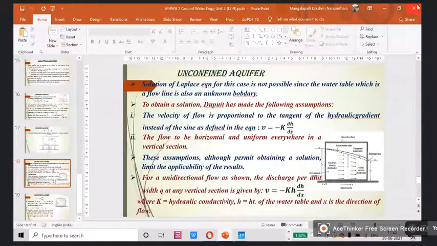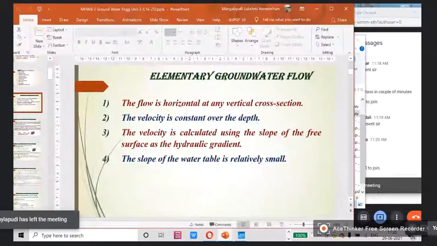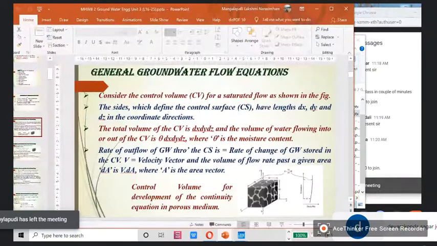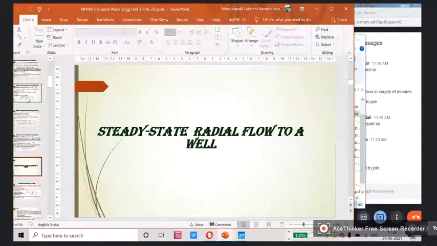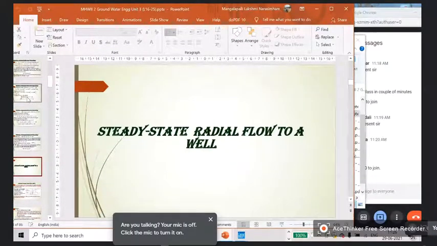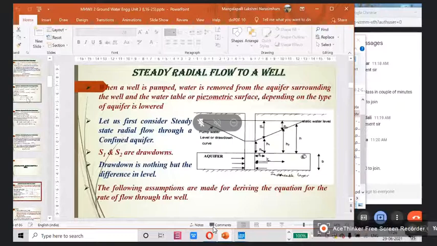Now, what we are going to do is the same thing we are going to again repeat, but in a slightly different manner. So, we are going to consider the steady state radial flow into a well, depending upon the type of aquifer, confined aquifer and unconfined aquifer.